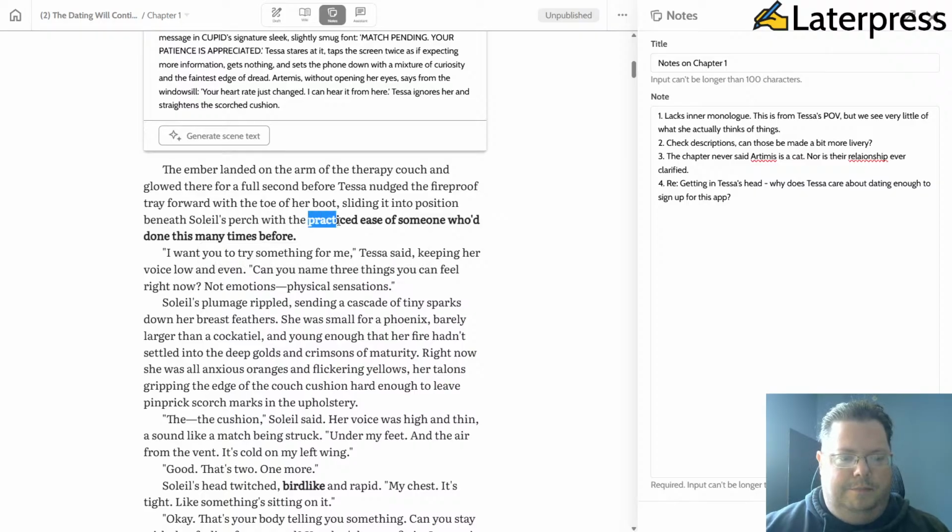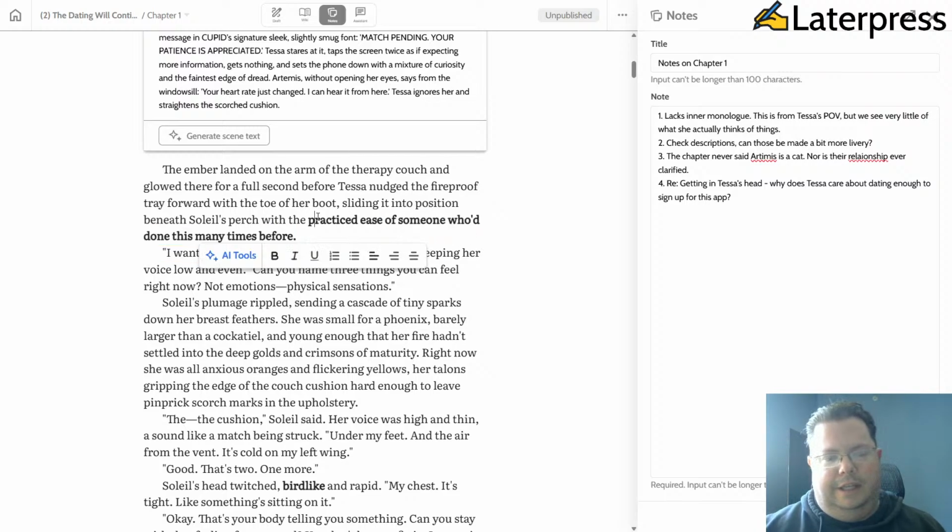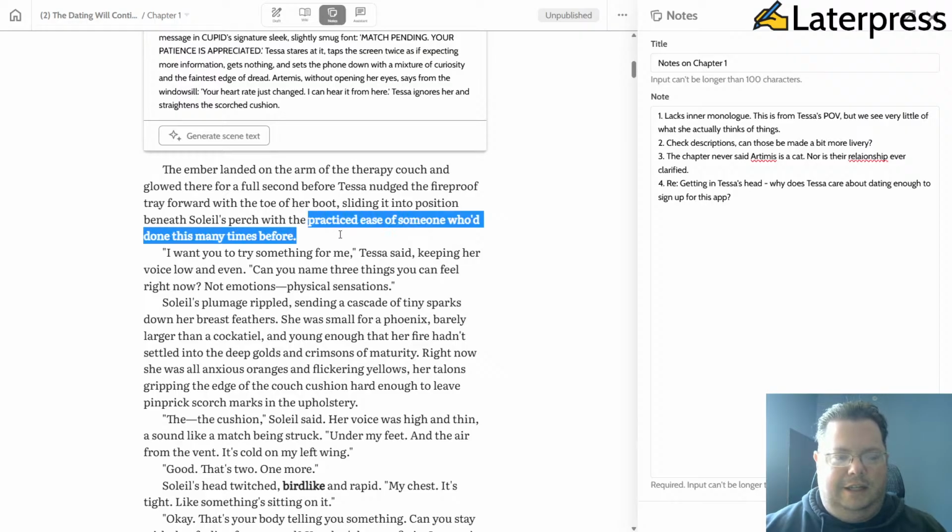Now I highlighted "practiced ease of someone who'd done this many times before" because I have found "practiced ease" feels like it has become an AI-ism. It likes that one too much. And "of someone who's done this many times before," it feels stock. There's not much emotion in here. It's just an acknowledgement that she's done it.